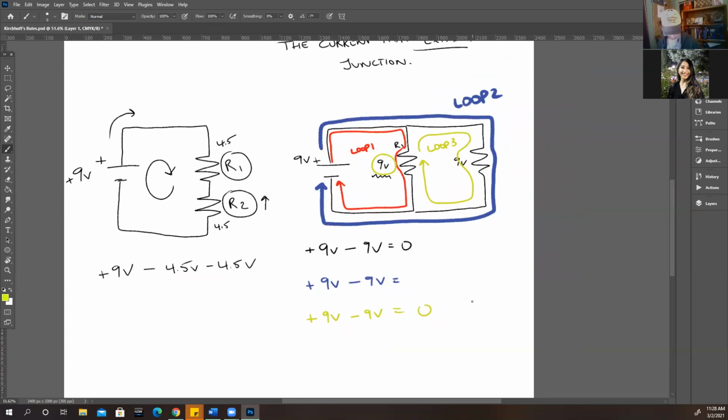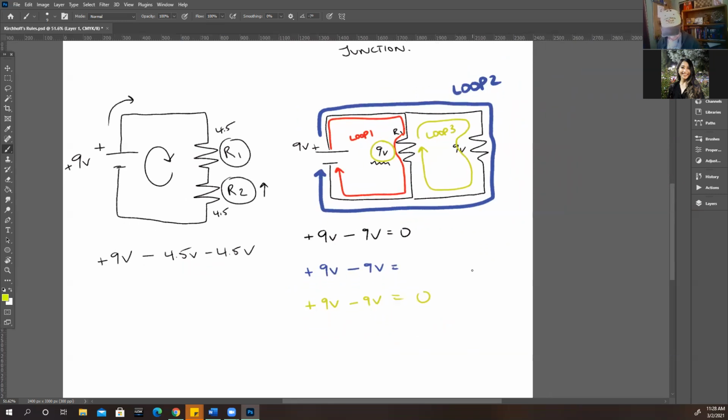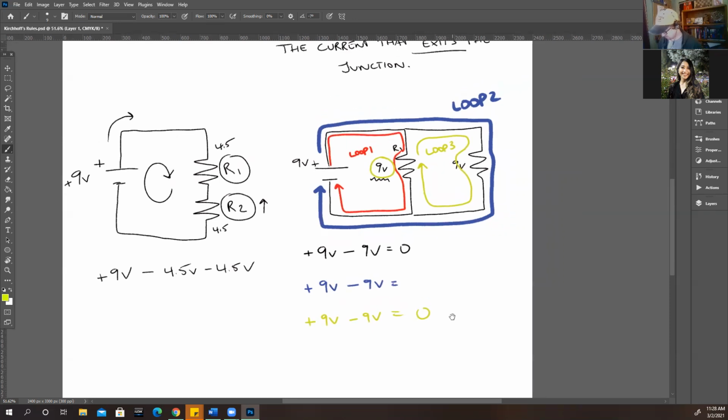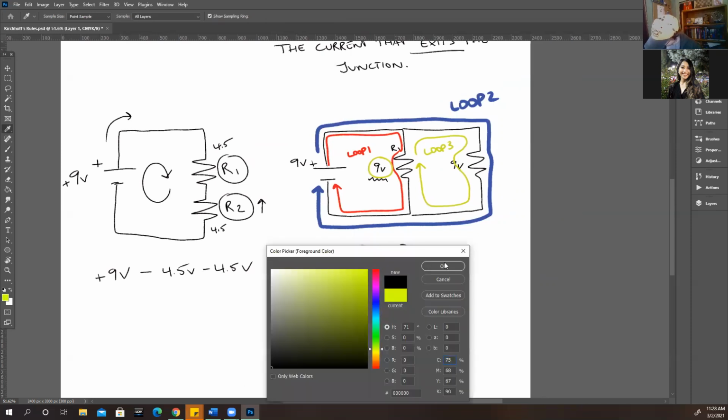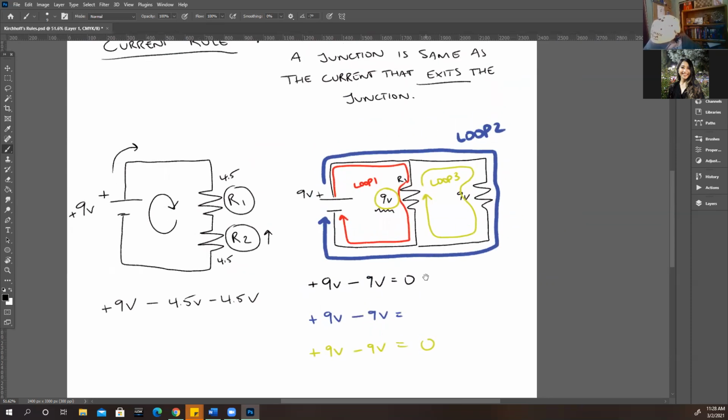All right. Hopefully that doesn't confuse too much. But make sure to always see where the loops are for the voltages. And this is basically Kirchhoff's voltage rule.